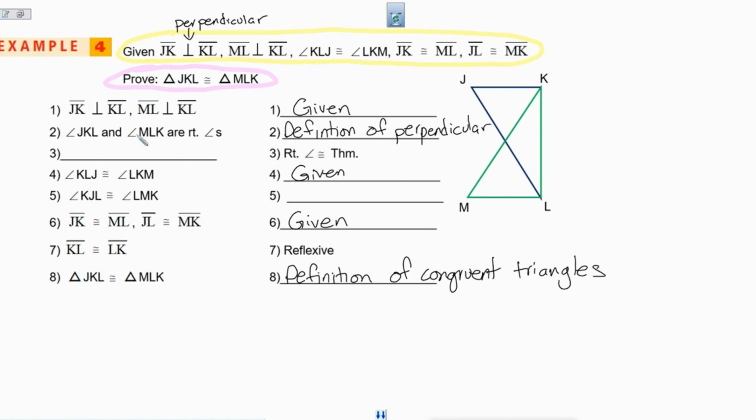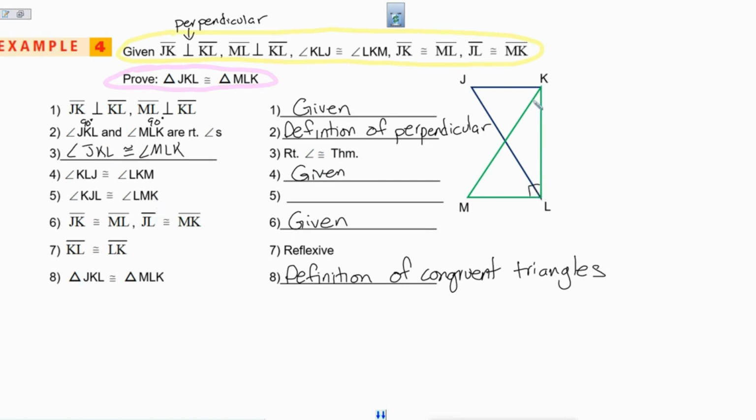We know that those two angles are right angles. Now, we know they're both 90 degrees. They are both right angles. So we use what we talked about in the last problem, that when you have two right angles, they're congruent to each other because of the right angles theorem. So angle JKL is congruent to angle MLK.